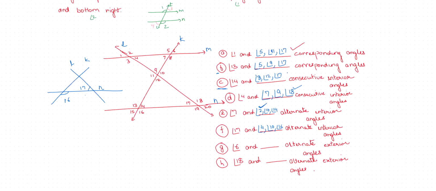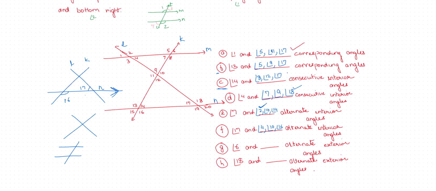In this case, the transversal line is M, and the two lines are L and K. So N is the transversal line, and these are the two lines. Lines may not always be simple like this. Here, these are the two lines L and K, and N is the intersection line. So 17 and 16 are alternate interior.